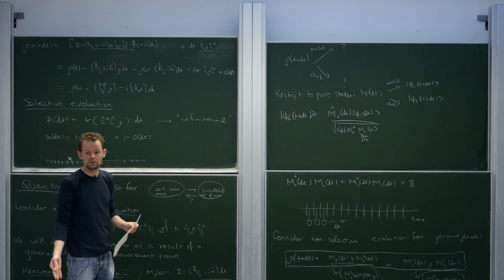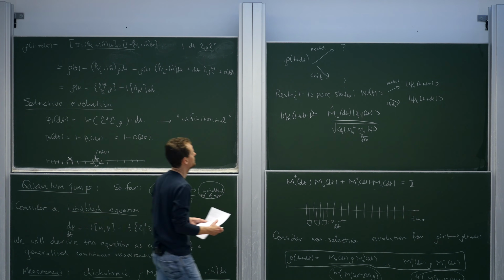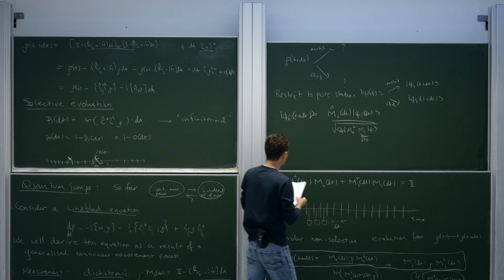That's how the system state is updated. Your detector does not click. It was in a pure state, it continues to be in a pure state, and that posterior pure state is M0 times ψ(t) over its norm.